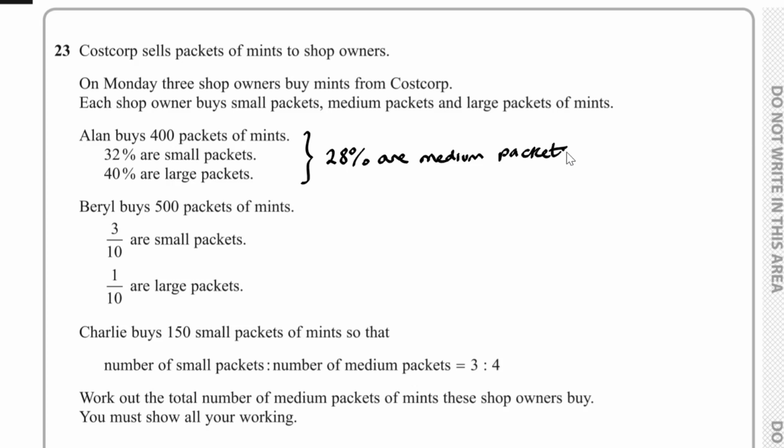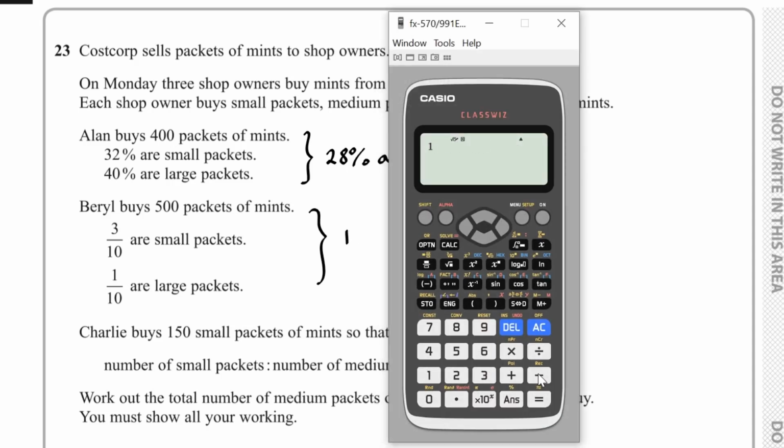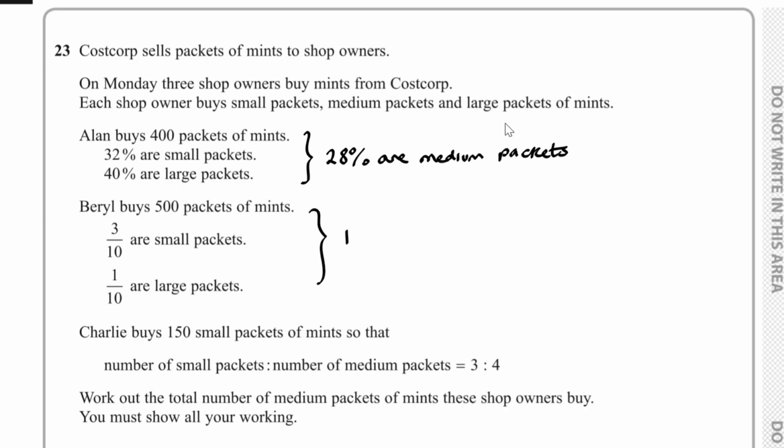And if we consider Beryl, if 3/10 are small, 1/10 is large, we can say from here that 1 take away 1/10 take away 3/10 are going to be medium, so 3/5 are medium. Okay, so 3/5 are medium packets.